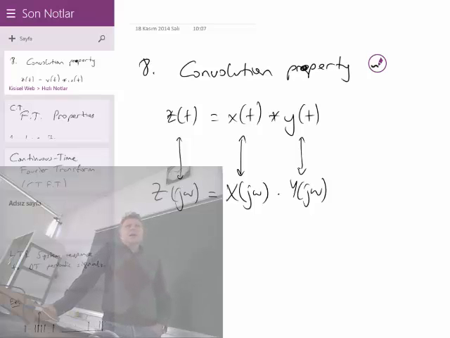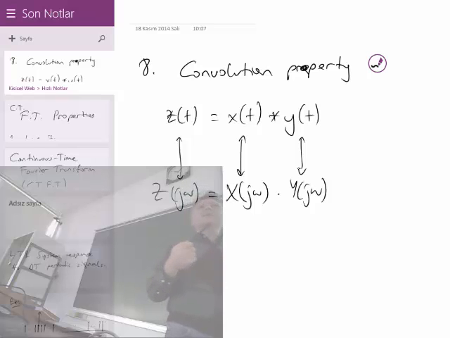You just multiply. And we were applying this property in the Fourier series as follows. We were saying that we have an input x of t which is periodic and it has Fourier series coefficients a_k. And then h of t has a Fourier transform H of j omega, which I was calling H of omega, the frequency response of our system.